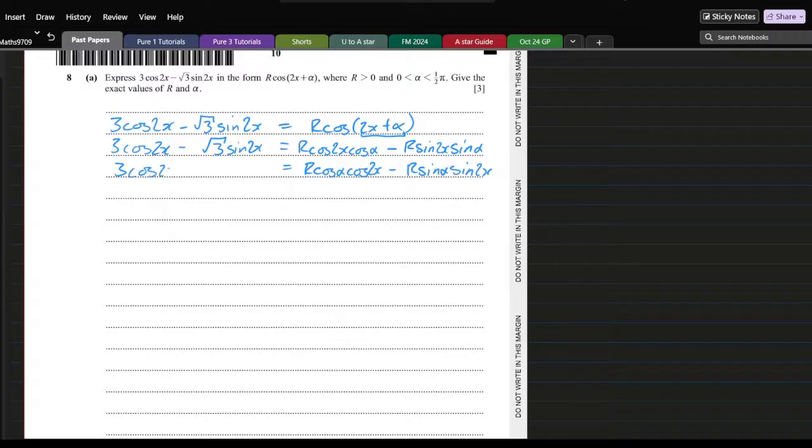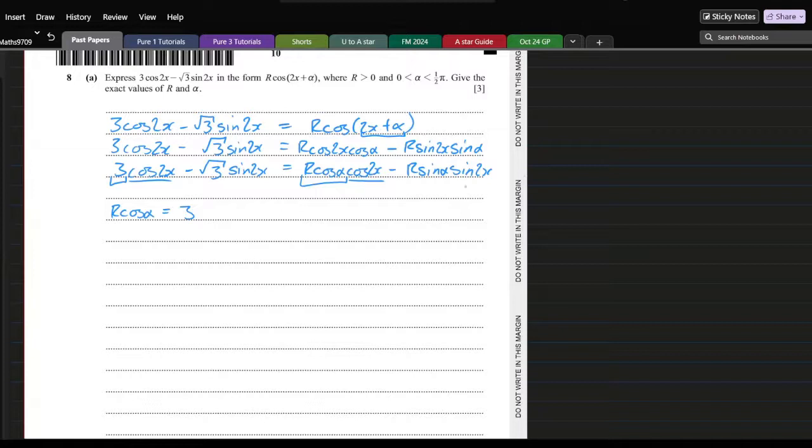So this is cos 2x minus root 3 sine 2x. On both sides here we already have cos 2x, so it must mean this 3 here must be equal to r cos alpha, right? So we can say r cos alpha is equal to 3.